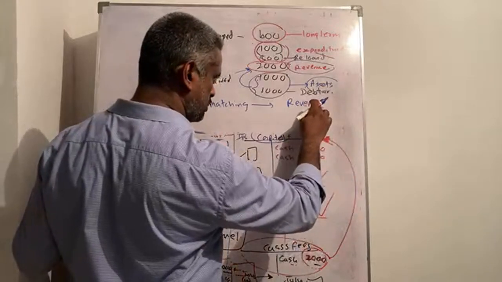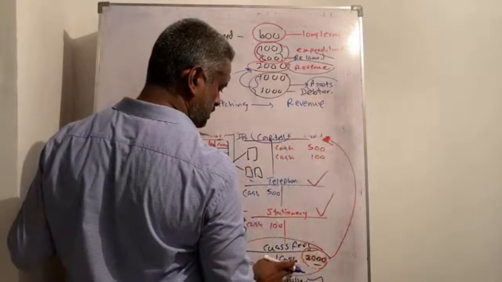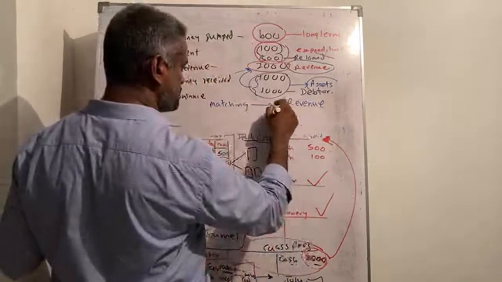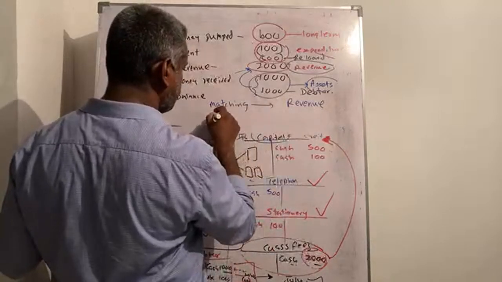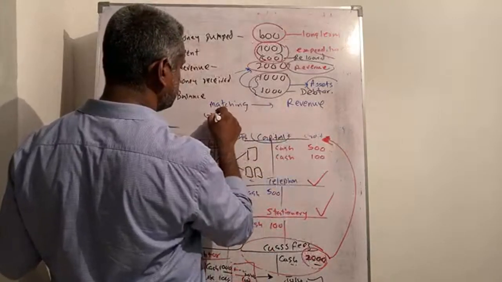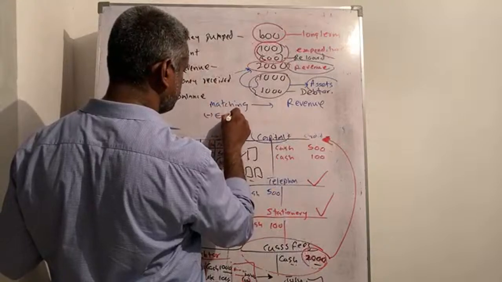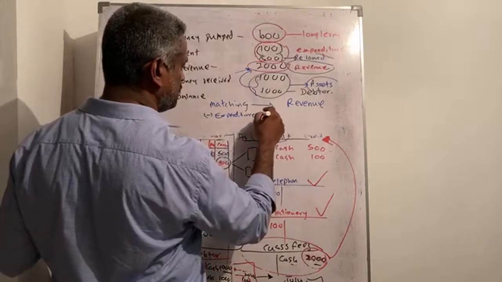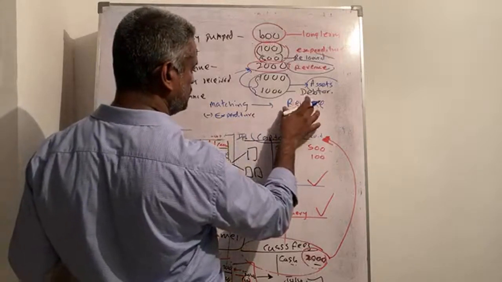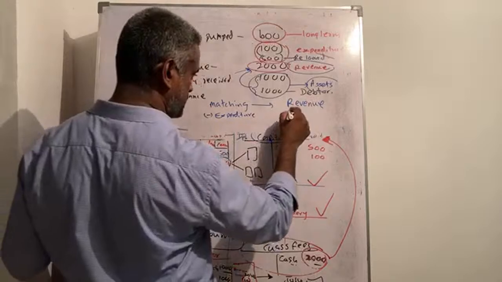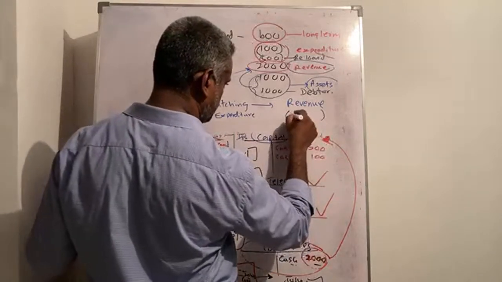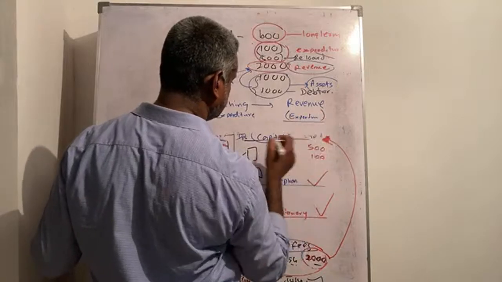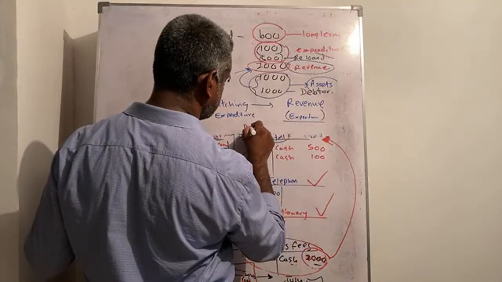What is the ordinary course of business? Doing classes, right? Matching concept: first, you assess the revenue and match, deduct the expenditure in order to gain that revenue. Deduct expenditure. Then it will come to profit and loss.